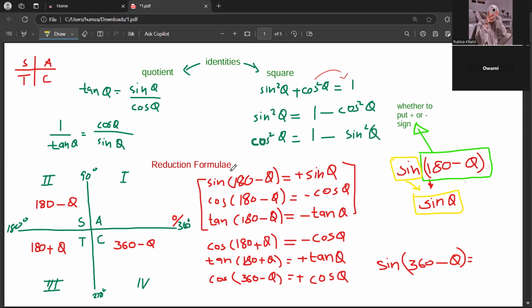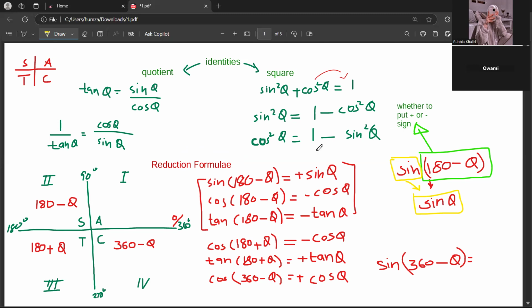The other part of this question, 180 minus theta, will help us decide. We know that 180 minus theta lives in the second quadrant, where the sine value is positive.